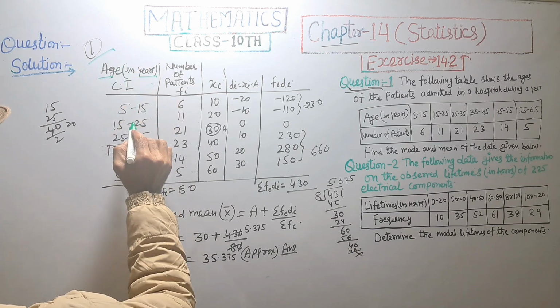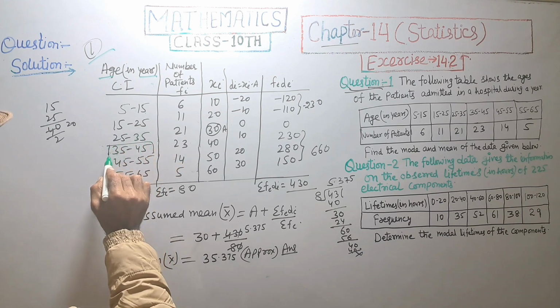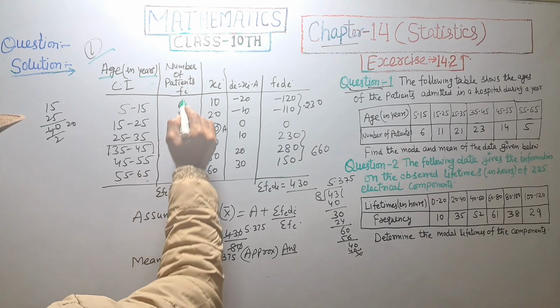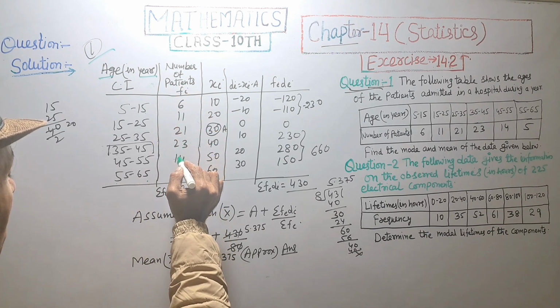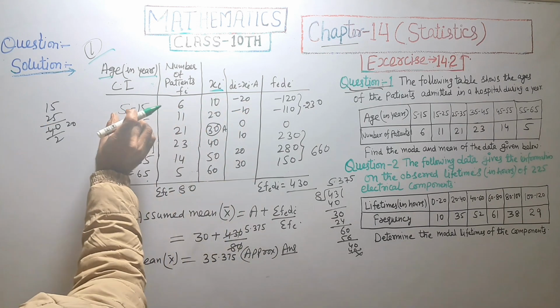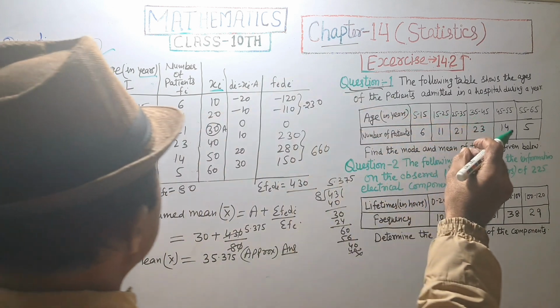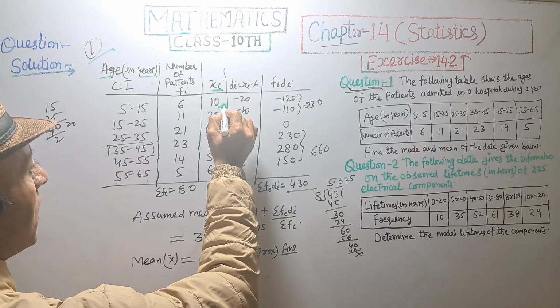Age in years, class interval is 5 to 15, 15 to 25, 25 to 35, 35 to 45, 45 to 55, and 55 to 65. Frequency is given 6, 11, 21, 23, 14, and 5. So xi, that is the mid value: 5 plus 15 divided by 2, that is 20 divided by 2, that is 10.